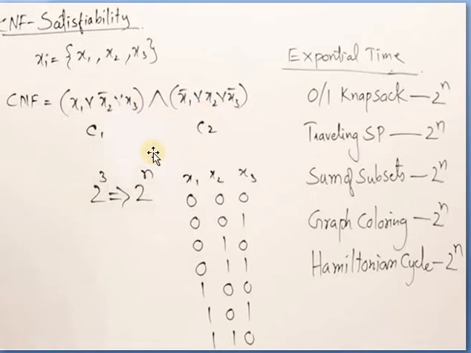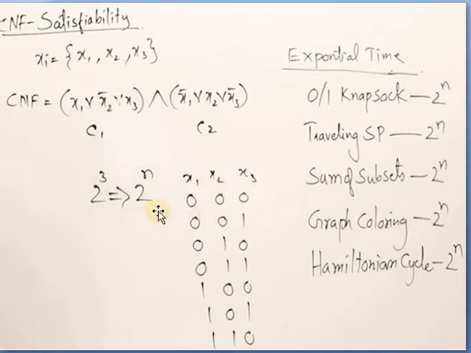Now what is the solution to this satisfiability problem? For what values of x1, x2 and x3 the given formula is true, that is the solution for this satisfiability problem.